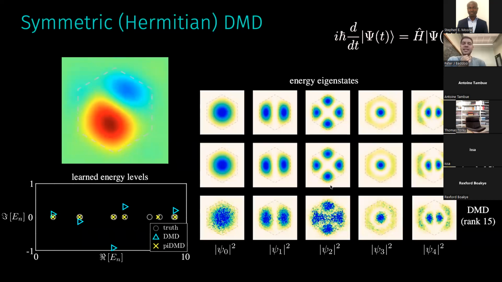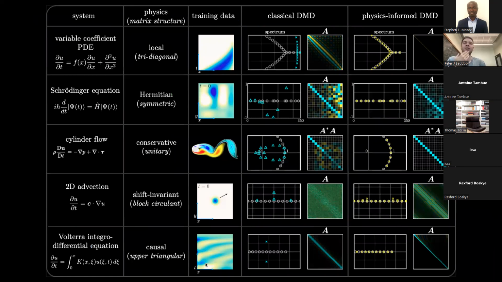And then this slide shows a big summary of lots of the different areas that we looked at today. So we have all these different types of physical structures that correspond to different matrix structures. And we applied this idea of restricting the model to a certain matrix structure to a lot of different physical scenarios. So there's a lot on this slide.